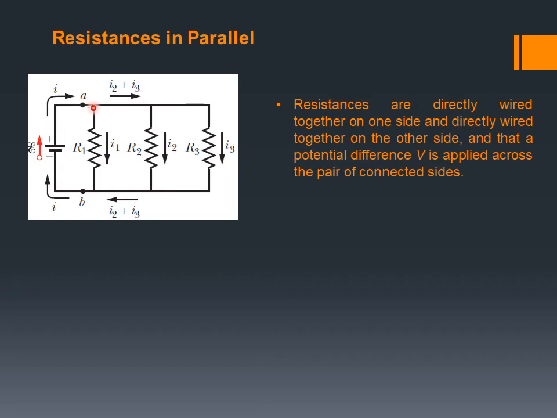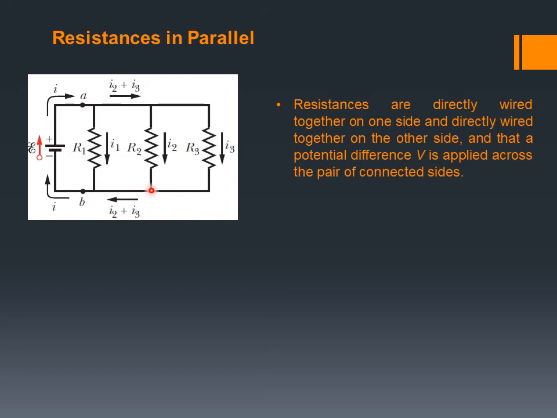A part of the current comes here, I1, and the remaining part, which we call I2 plus I3, comes here, and at this point it again splits into two parts. I2 comes here and the other part comes to R3.